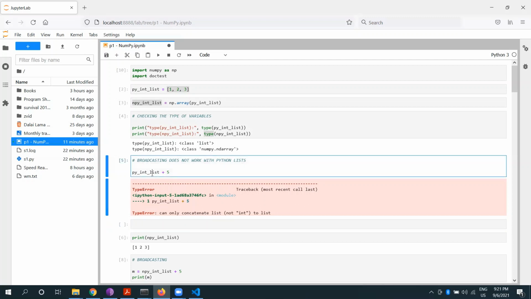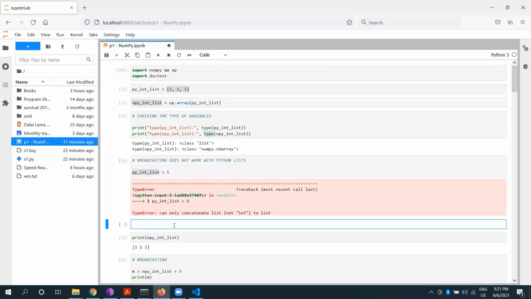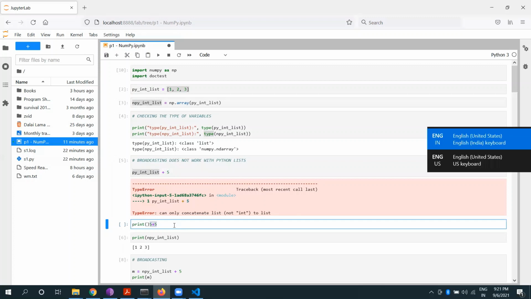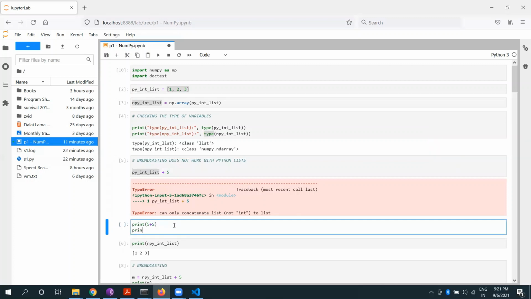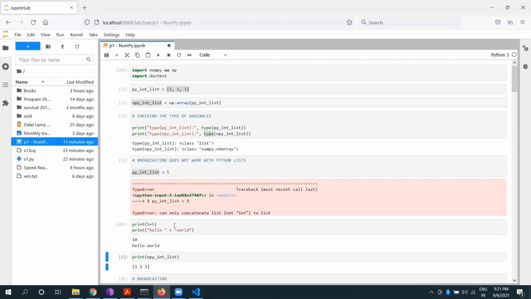This would fail, because we cannot add 5 to a list. The plus operator works with numbers or with strings, such as "hello world". These two would work, but this one would fail if we try to add 5.